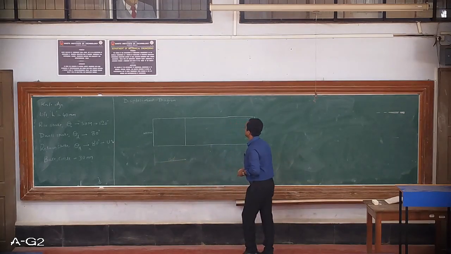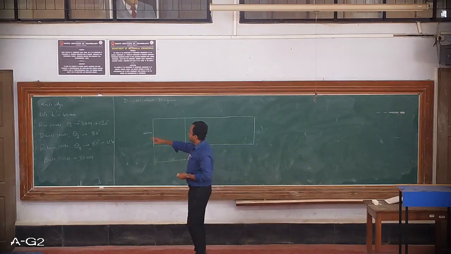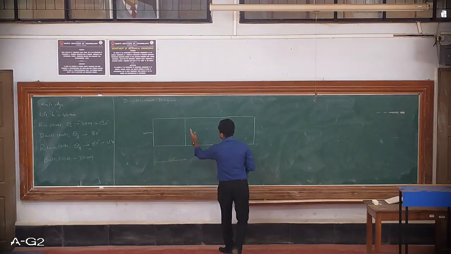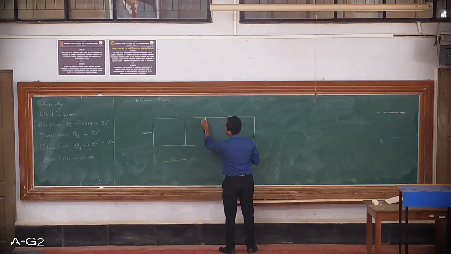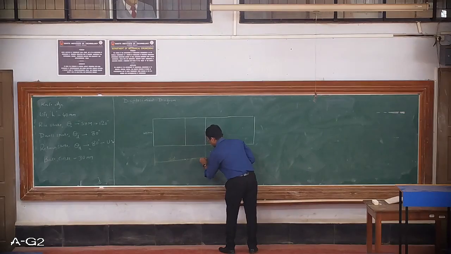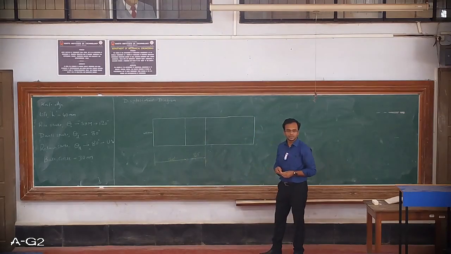Okay. So after rise stroke, we are having dwell stroke, 80 degrees. So I have to measure it from here. So this is 80 degrees, that is dwell period.